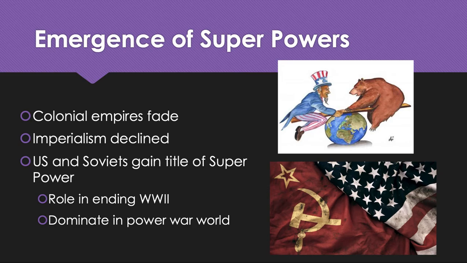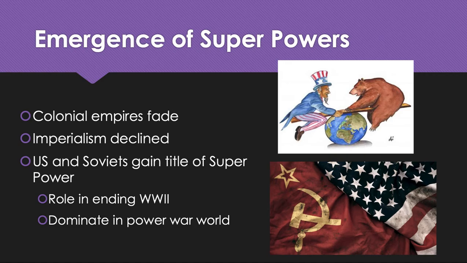At the end of the Second World War, we're going to see this fade away of colonial empires. We are going to see this fade away of imperialism, and we're going to see the United States and the Soviets gain the power, or the title, I should say, of superpower.